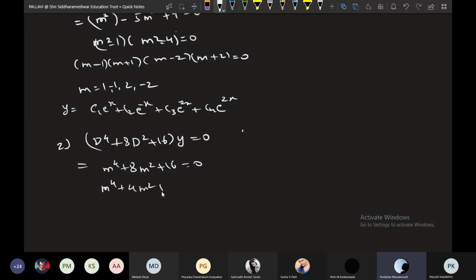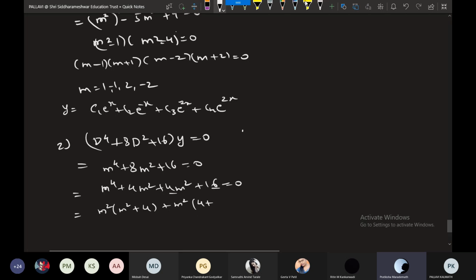Next step. Then I have taken m square common. So we get m square plus 4. Then again I have taken 4 common, ma'am. 4 will come common, no? Okay.